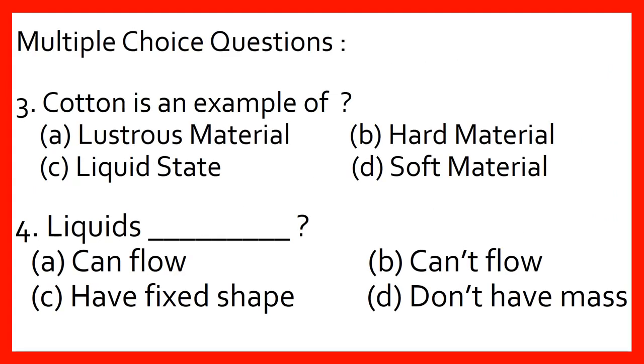Multiple choice questions. Question number 3. Cotton is an example of A. Lustrous material, B. Hard material, C. Liquid state, D. Soft material.